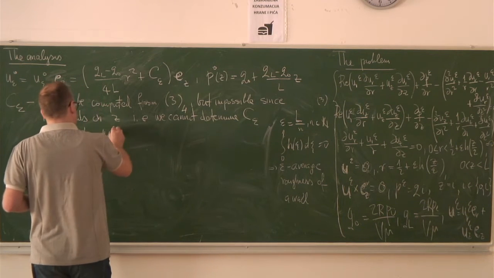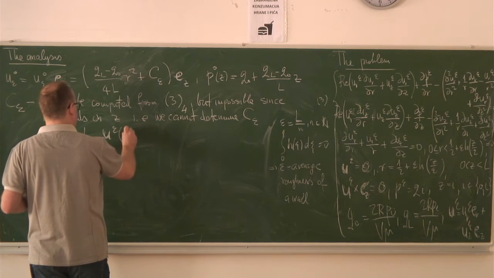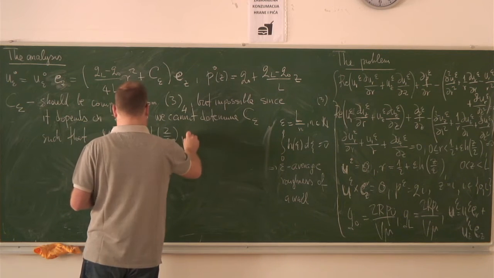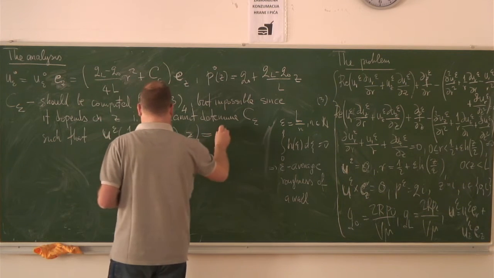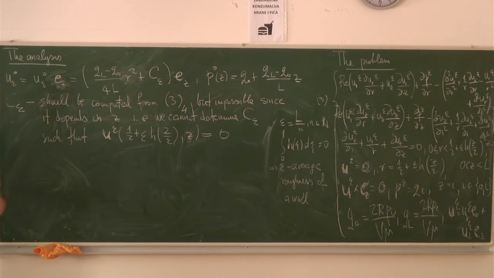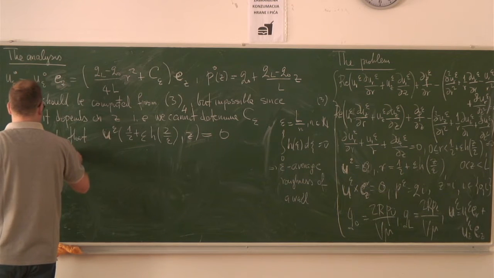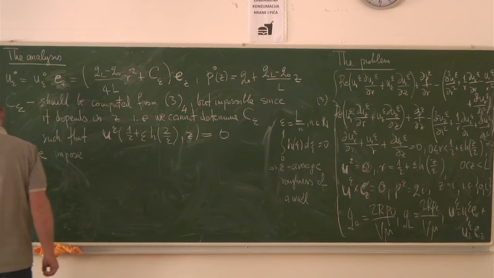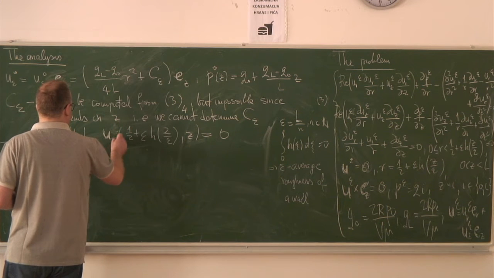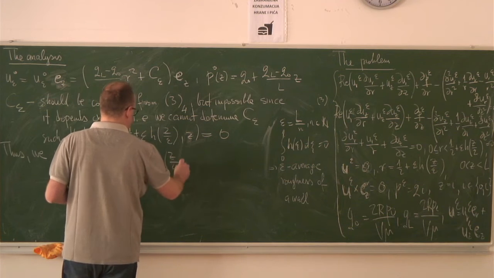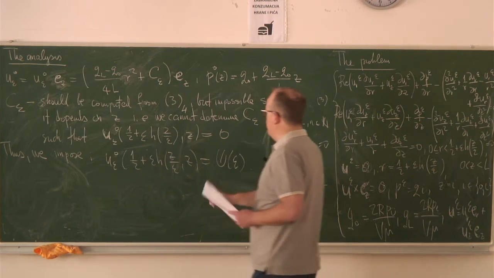U epsilon. I think it is clear. For that reason, we impose that this is small.